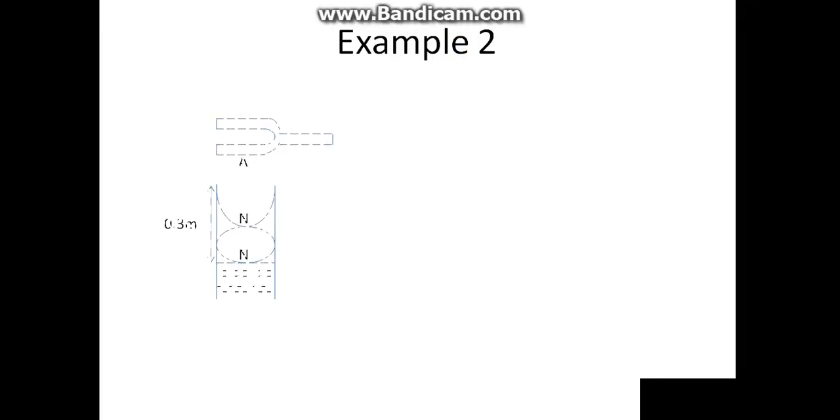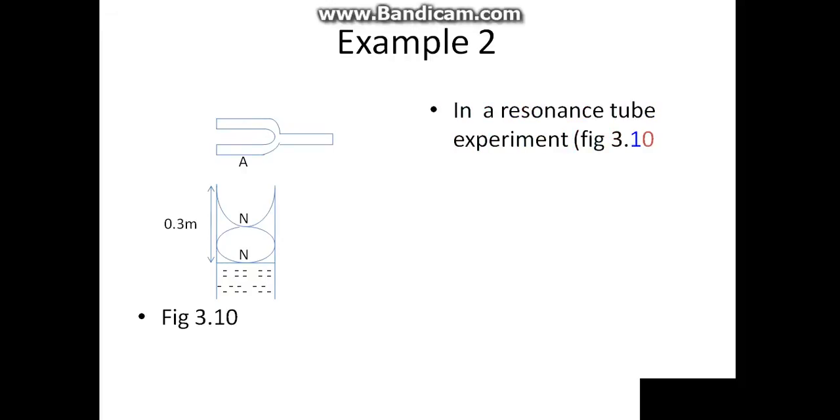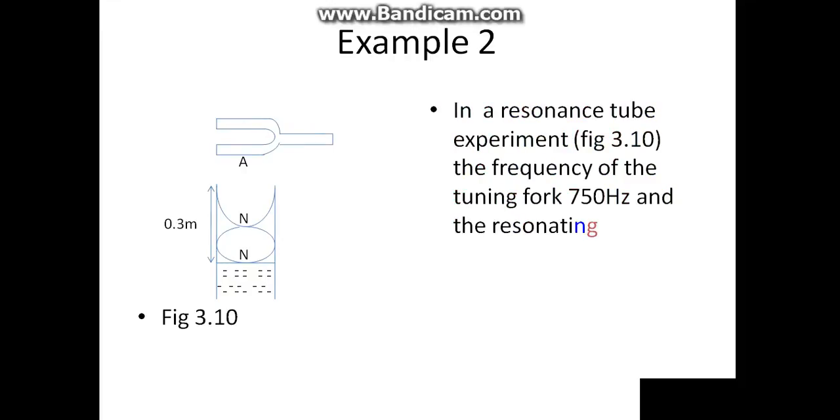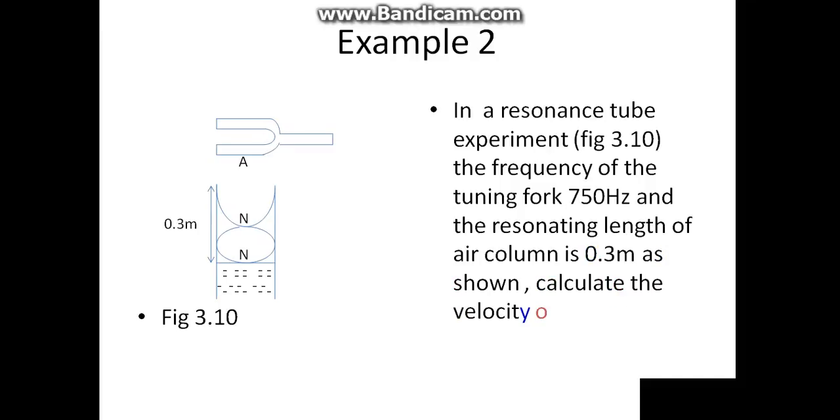Example 2. In a resonance tube experiment, figure 3.10, the frequency of the tuning fork is 750 hertz and the resonating length of the air column is 0.3 meters as shown. Calculate the velocity of the wave. Solution.